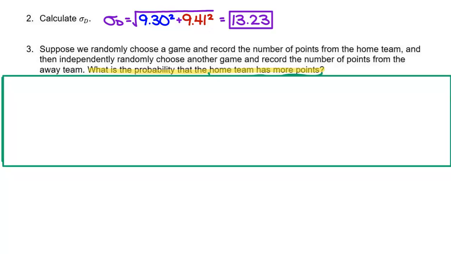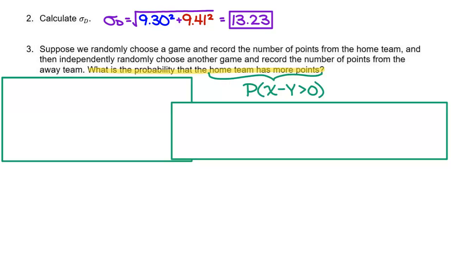Positive numbers have to be bigger than what? What's the dividing line? 0 is my dividing line between positives and negatives. So what we're looking for here is the probability that x minus y is bigger than 0.